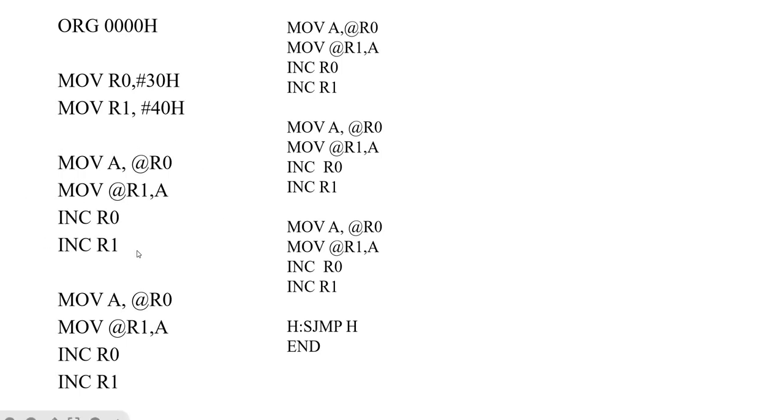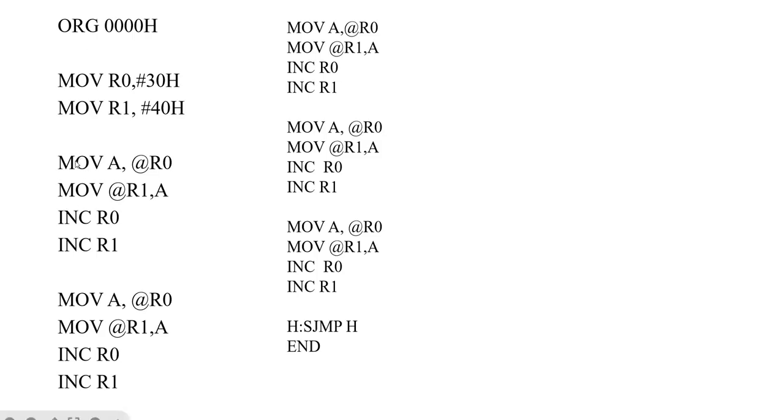So our first instruction in the first iteration is MOV A, @R0, which loads the data from the source address R0 into the accumulator A. MOV @R1, A: this instruction stores the value from the accumulator A into the destination address R1.